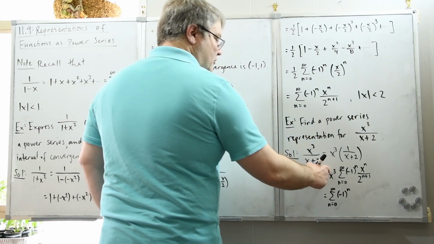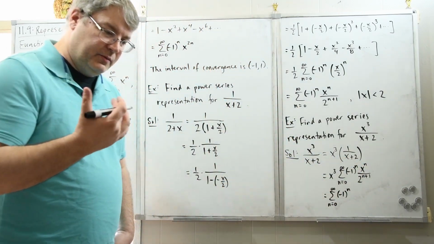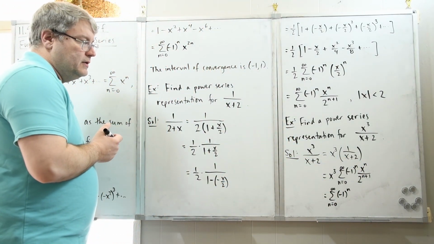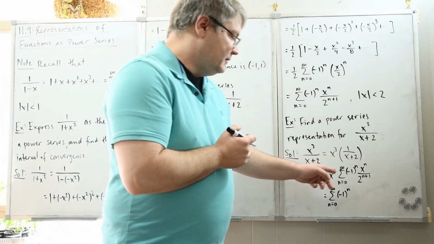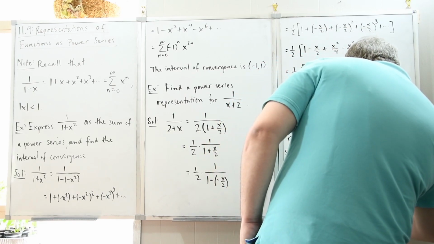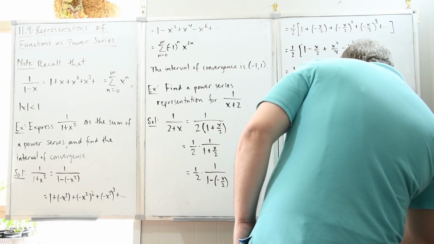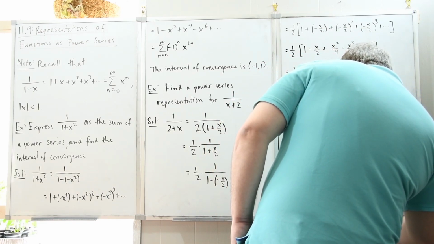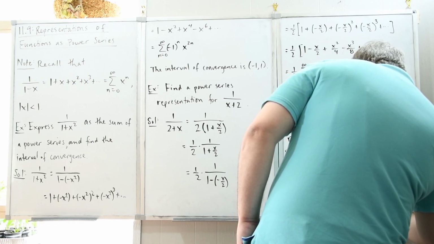And then if we take x cubed times x to the n, remember, if you multiply like bases, you've got to add those exponents together. So x to the third times x to the n will give you x to the n plus 3, still over 2 to the n plus 1.